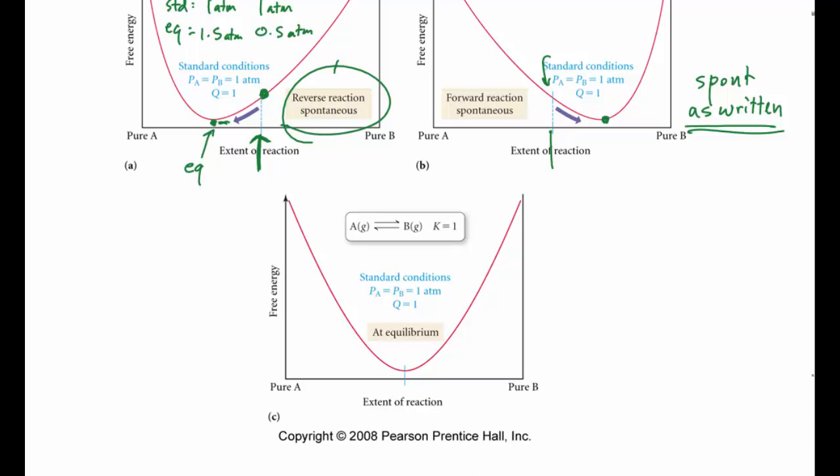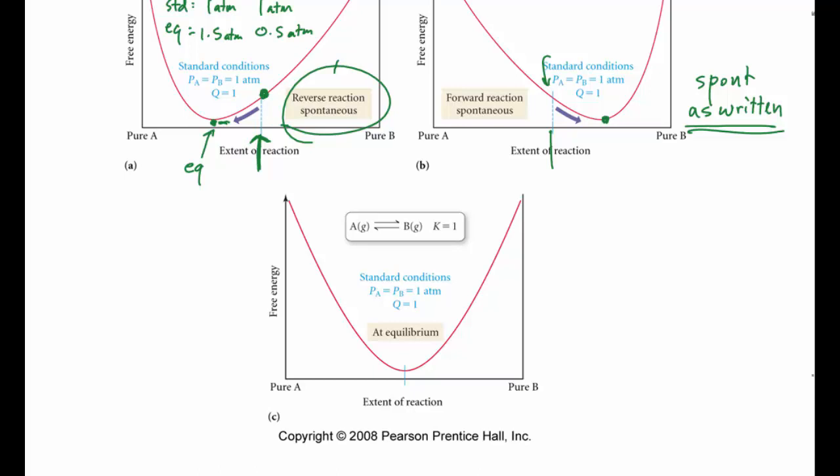What would that mean if K equals 1? If this is a reaction where the equilibrium constant happens to be 1. Yeah, that means, remember, it's reactants over products. Okay? If K happens to equal 1 and all we have is A and B, that means that we would have both A and B in equal amounts at equilibrium.